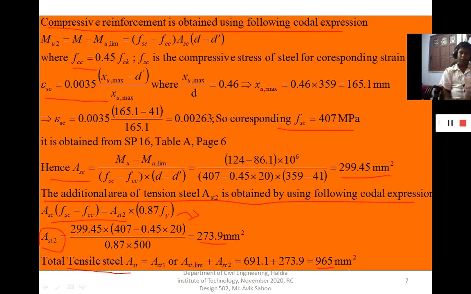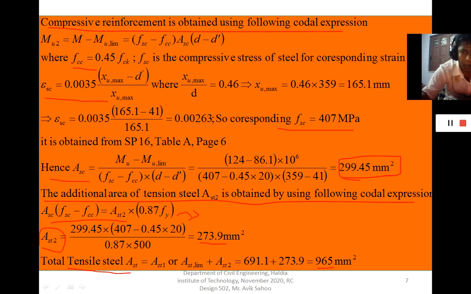So this amount of steel is required that you have to apply in the tensile zone to sustain the load, and this amount of reinforcement used on the compression side. This much of steel is required in the compression zone to sustain the load.